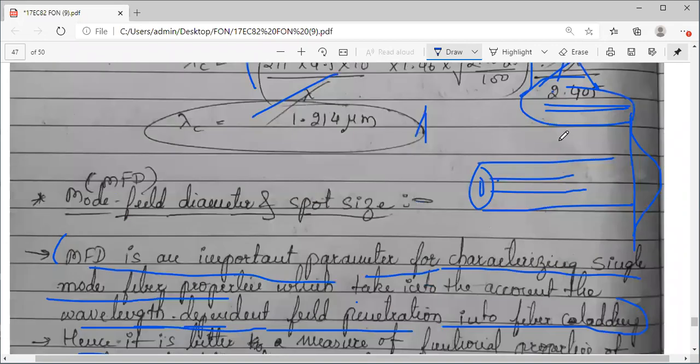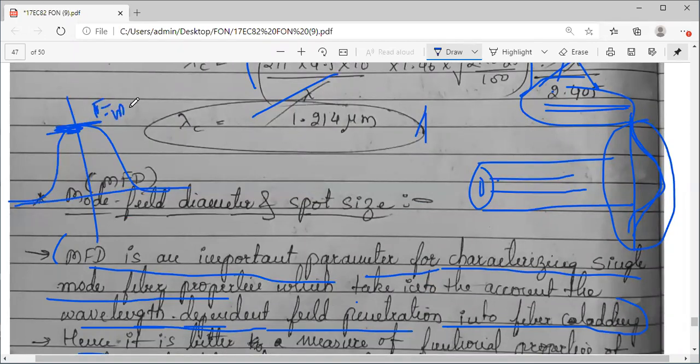So what do you mean by this? Just now you have seen a structure something like this, the field distribution. This type of field distribution we call Gaussian distribution, wherein you will get maximum at the peak. If I draw for field E, maximum is here and towards both sides it decays. So this kind of structure we call Gaussian distribution.